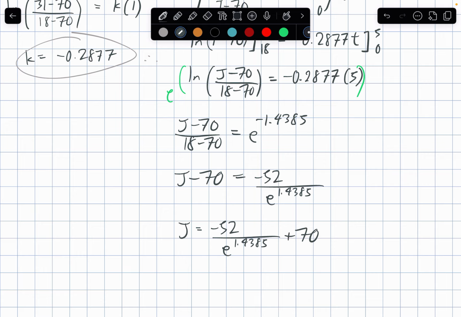Transpose negative becomes positive. Calculate. 0.4385 plus 70, 57.66 degrees Fahrenheit.